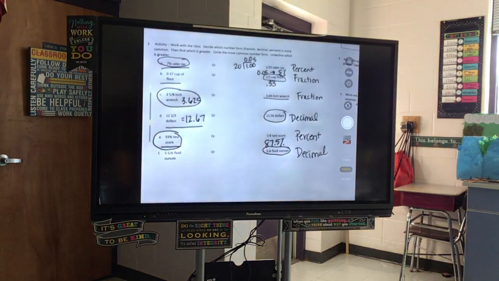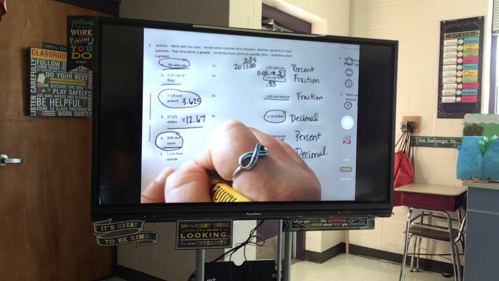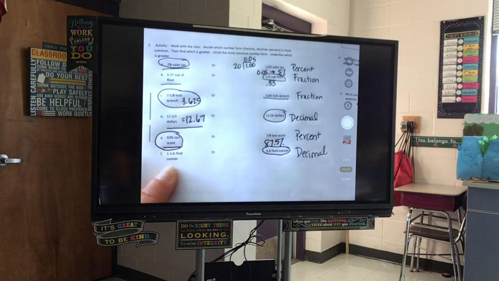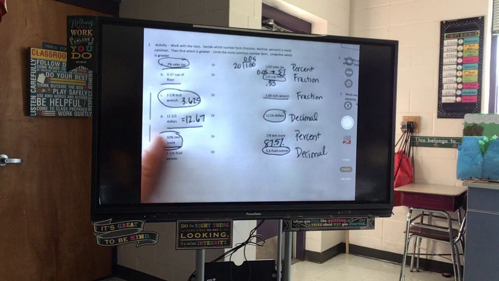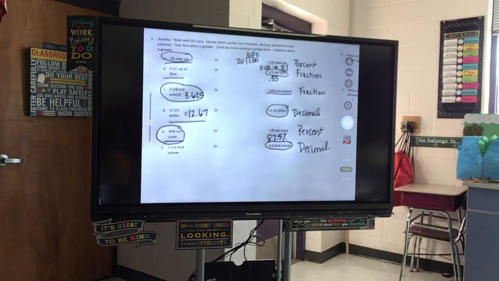All right, and then over here we have to do our 5/6, and what do we have to do with that since we're keeping it as a decimal? Levy, what do we gotta do? If we're keeping it as a decimal, how do I take 5/6 and change it to a decimal? What do your notes say?